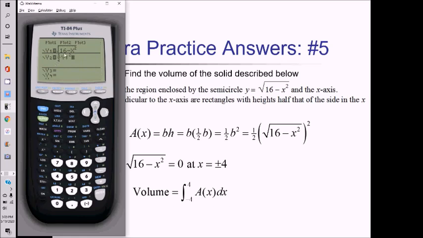So that's 1/2 times the base squared. Quitting out of there now, I'm going to do math 9 to get my integral. We're going from negative 4 to positive 4. Alpha trace y2 brings up my A of x function I just created, and I'll put an x there with a d. Enter. Gives me 42.667.